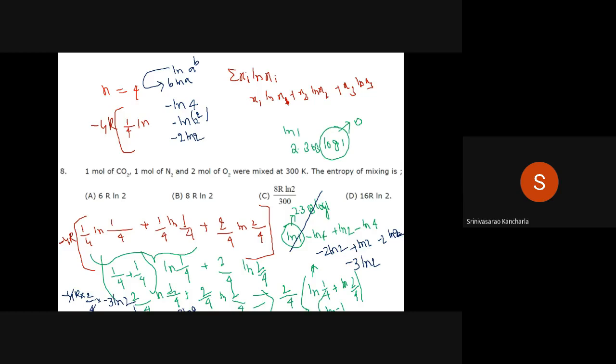Or else for the list of formulas, if you have the physical chemistry Puri Sharma Pathania book, in the first chapter you will be given the list of mathematical formulas that are useful in solving quantum or physical chemistry questions. Those things you need to remember always.